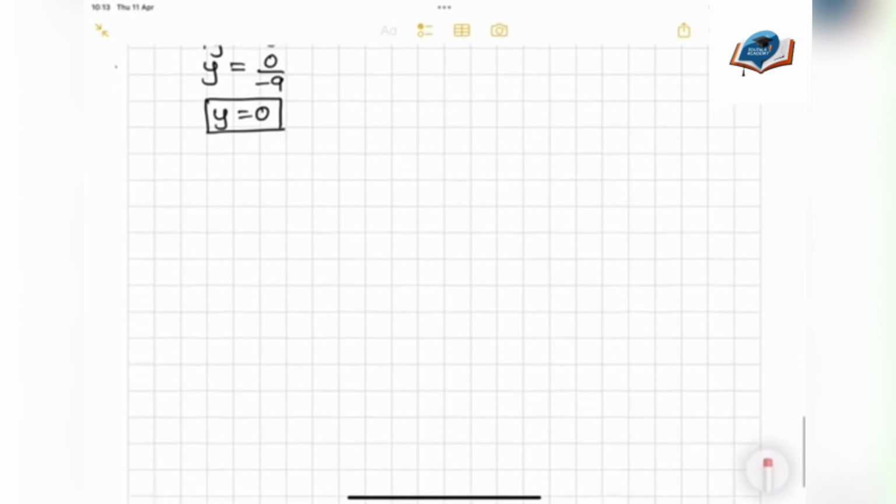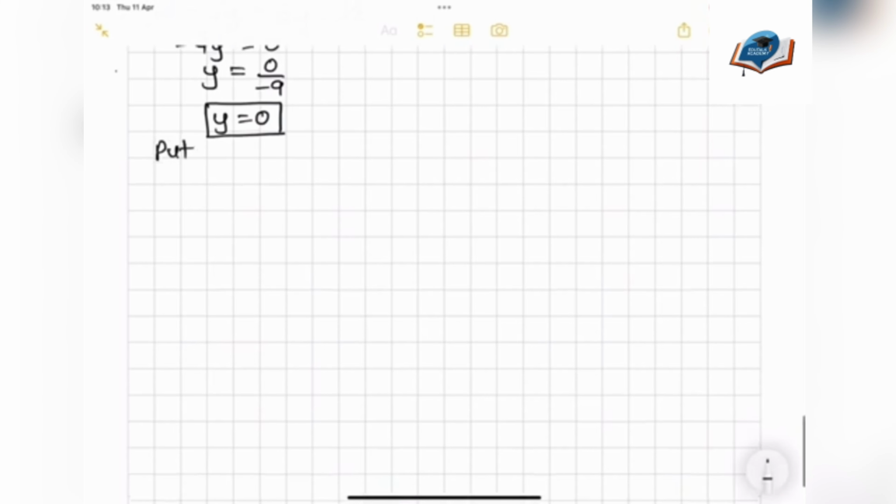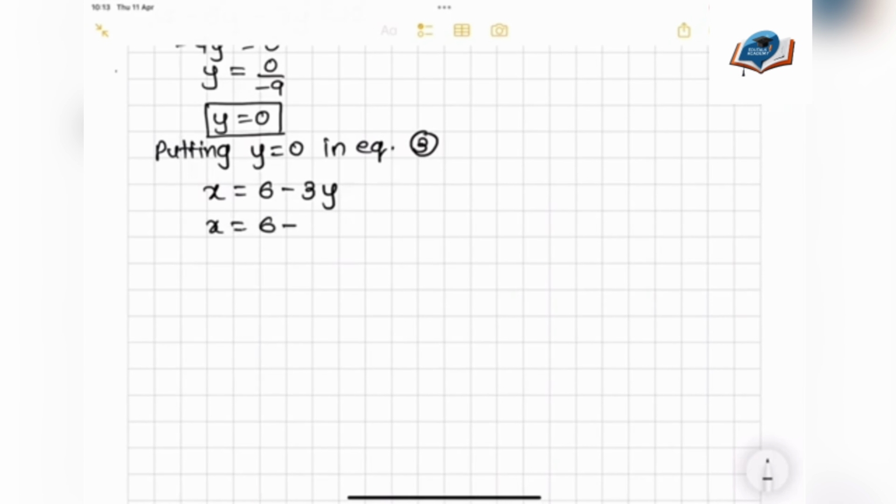I have to put it in equation 3 to get the x value. So now putting y equal to 0 in 3, I will have x equal to 6 minus 3y.